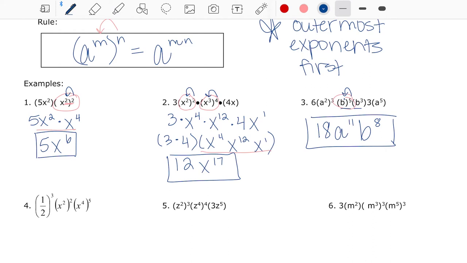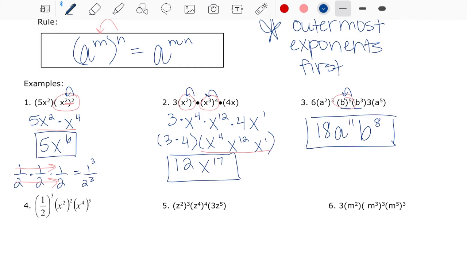All right, number 4. 1/2 to the power of 3. Guys, just because it's a fraction doesn't mean anything changes. This really just says 1/2 times 1/2 times 1/2 right there. And when you multiply fractions, you multiply numerators to numerators and denominators to denominators, which really gives you 1 cubed over 2 cubed.